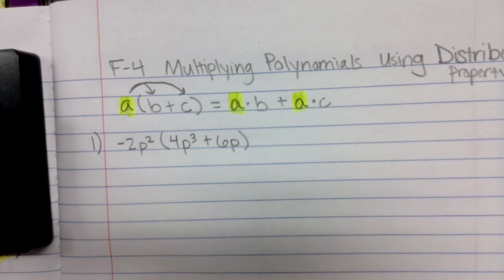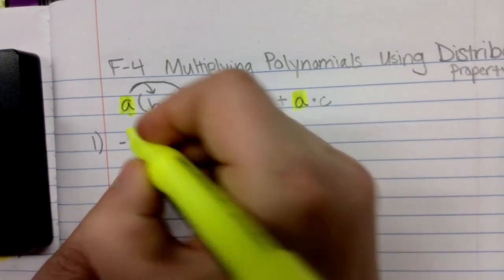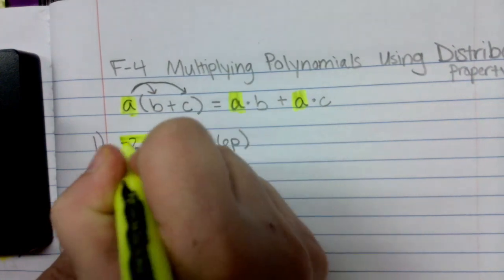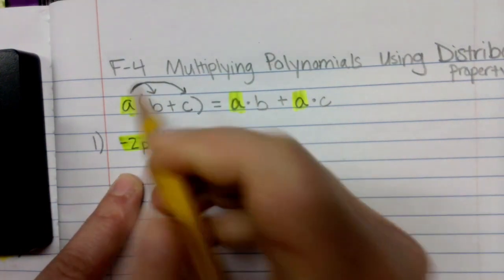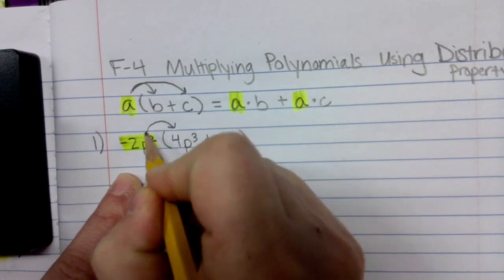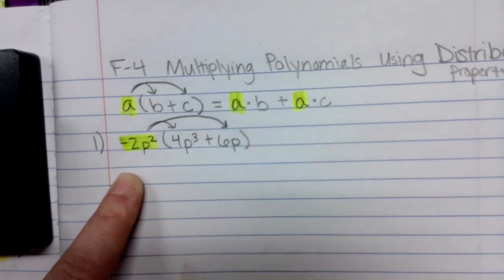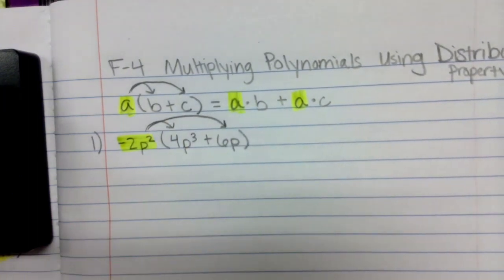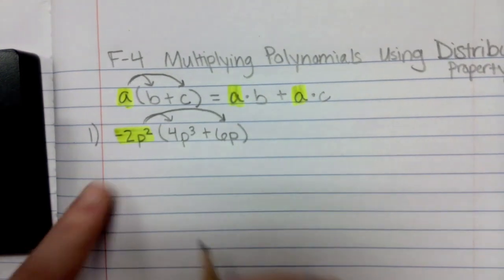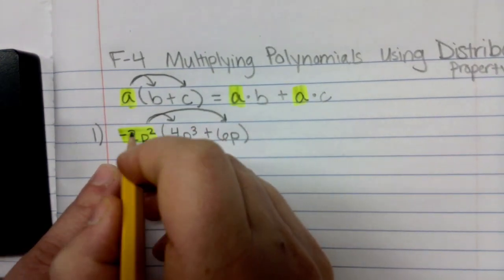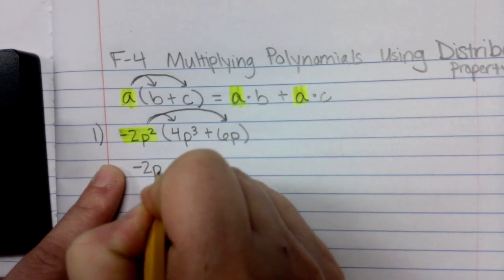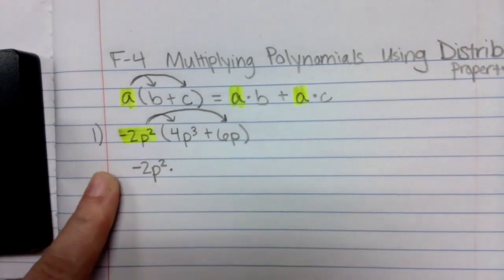Yeah, the negative 2p to the second power is what I'm going to distribute. So we're going to take that, we're going to go pew, pew. So we'll do the negative 2p to the second power times, what's the first part? 4p to the third power.